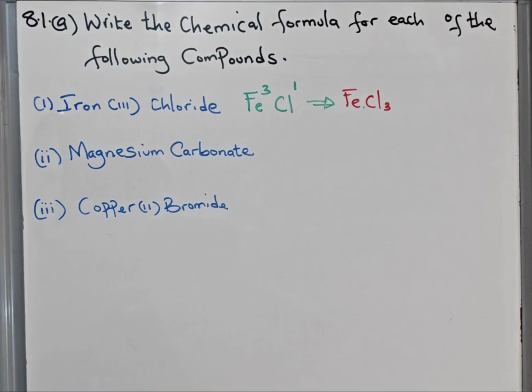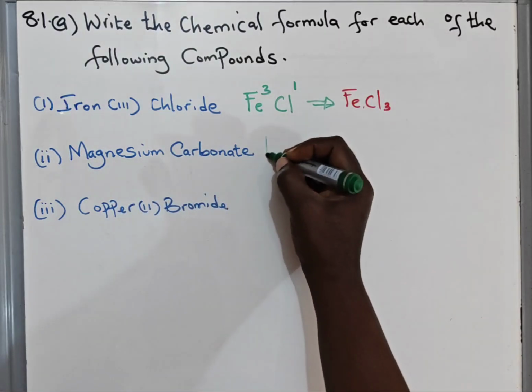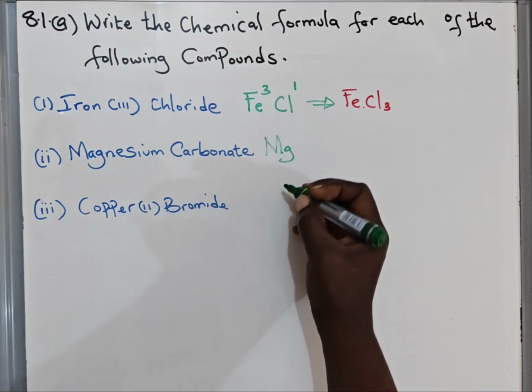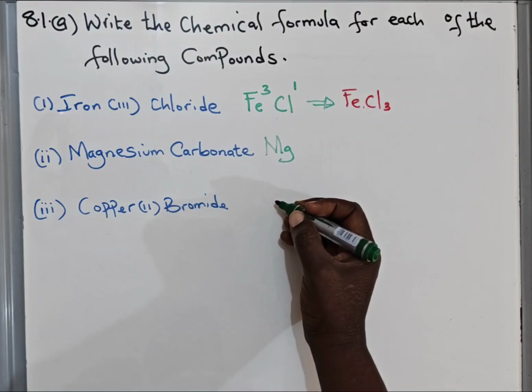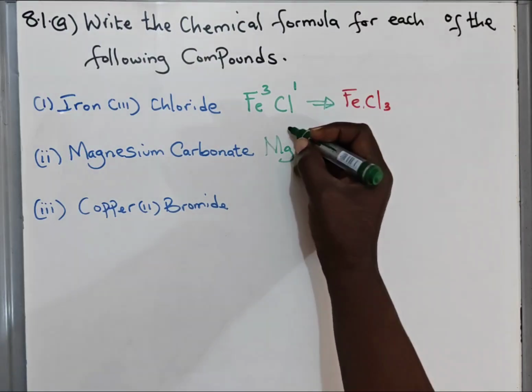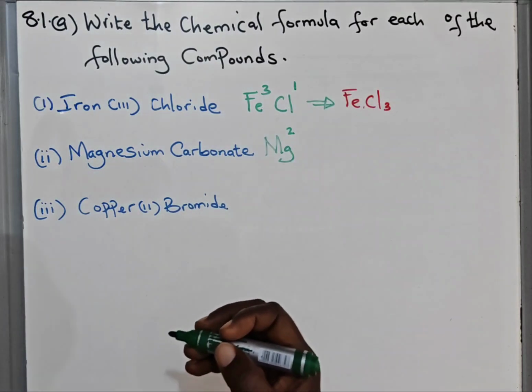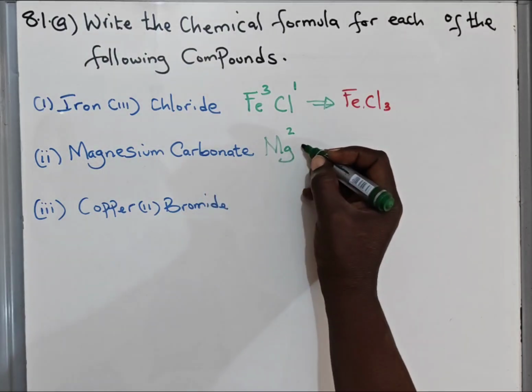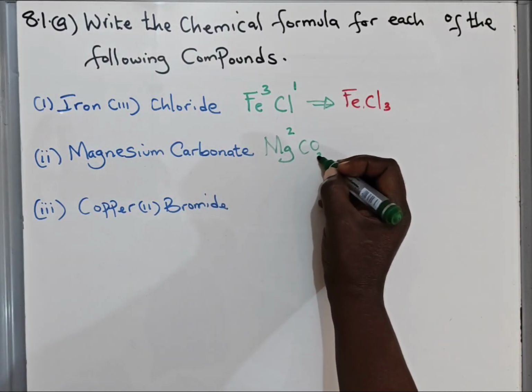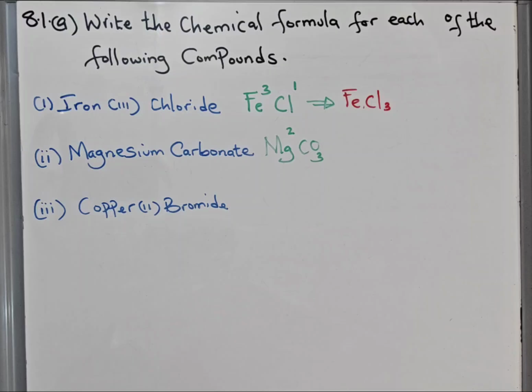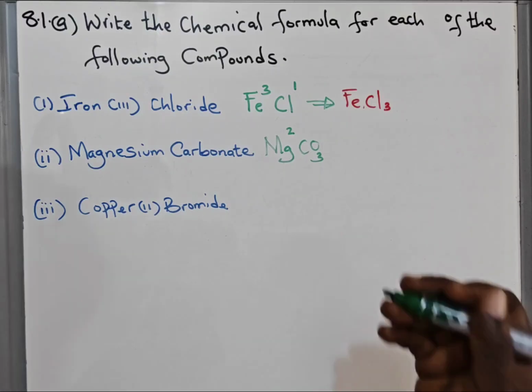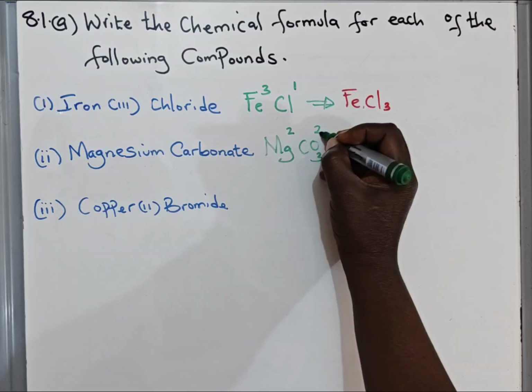Let's come to magnesium carbonate. Magnesium, which is Mg, is a group 2 element, and group 2 has 2 as the combining power. Carbonate is a radical, so it cannot exist on its own. It must be in a compound, and this radical has combining power -2.